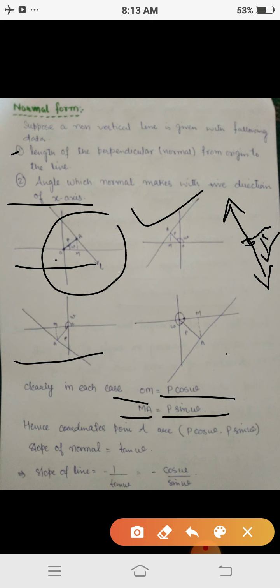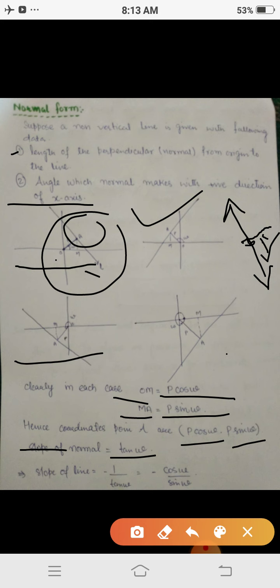Hence the coordinates of this point A in each case are p cos omega and p sin omega. Since omega is the angle of inclination of this normal, the slope of the normal equals tan omega.